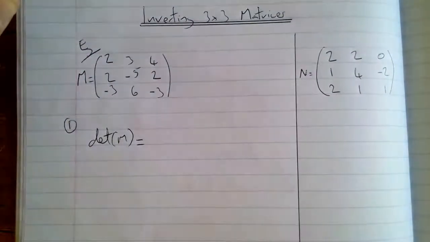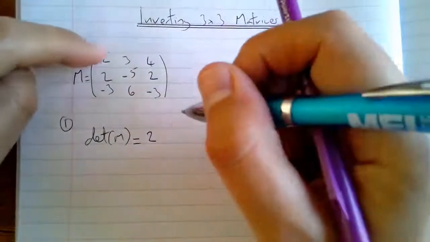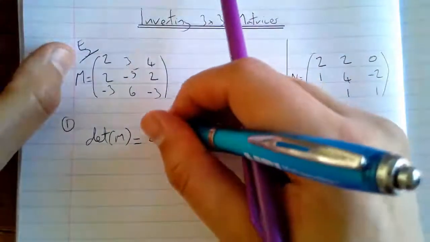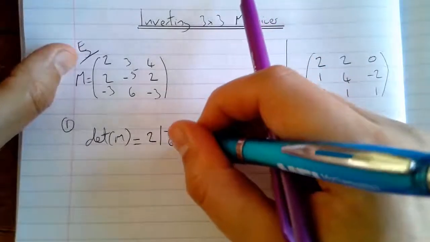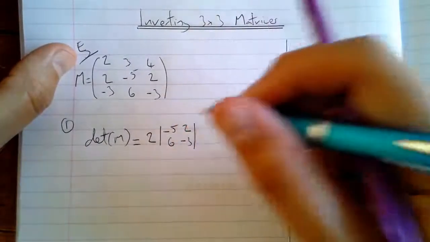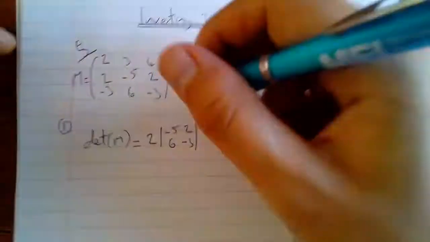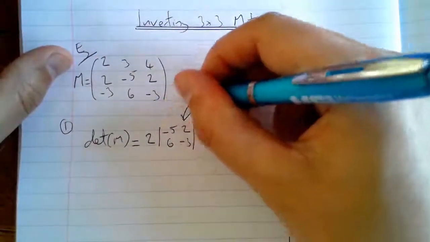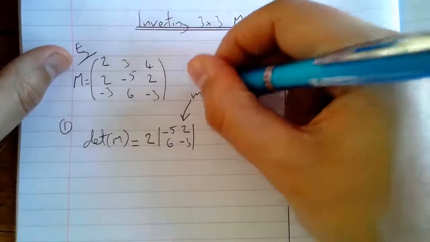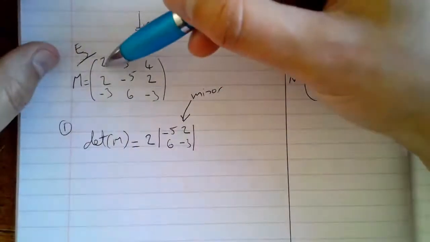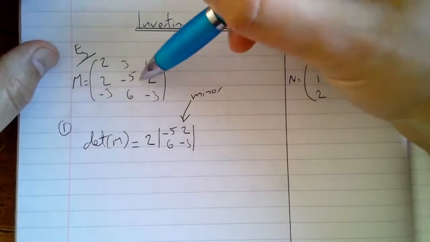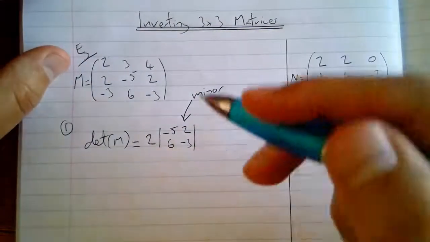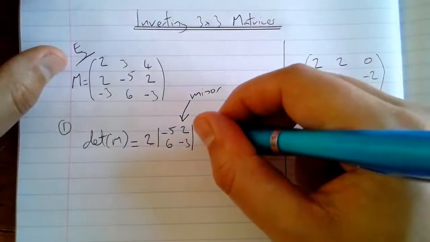Okay, so just a quick note before we go on. The first thing I need to do is do 2, times it by the determinant of this bit here, minus 5, 2, 6, minus 3. Now this bit here is called a minor. So for this entry here in the matrix, this is its minor. So I do 2 lots of this, for reasons we'll discuss briefly in a sec.